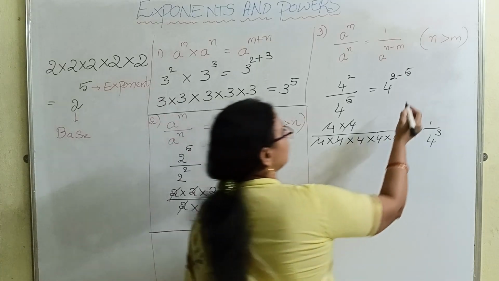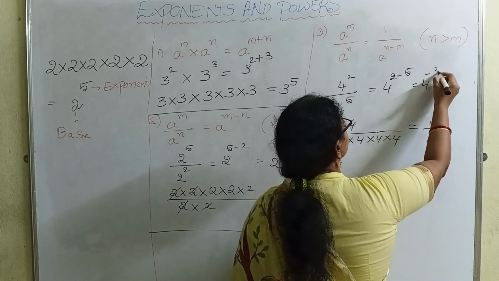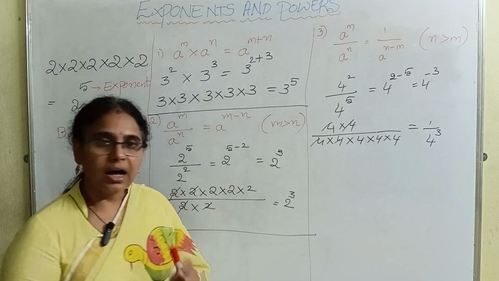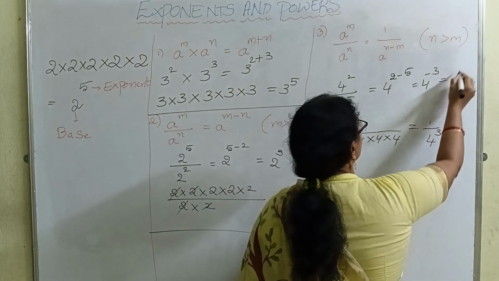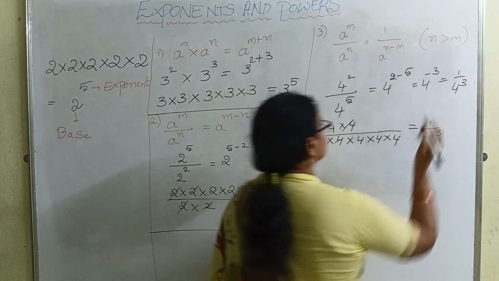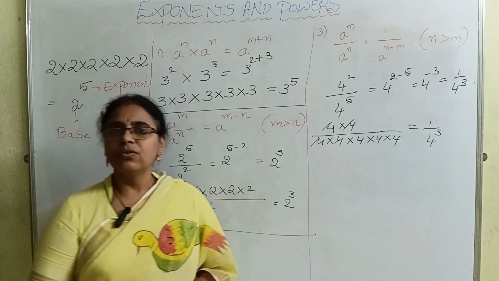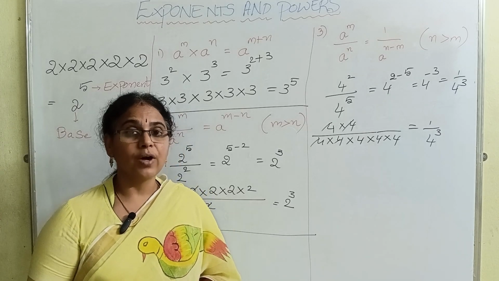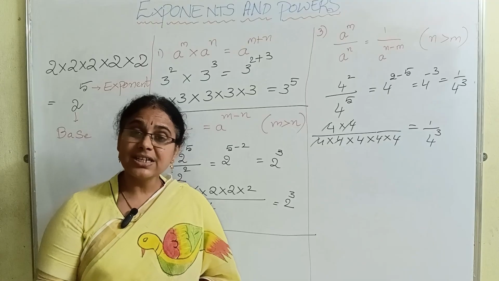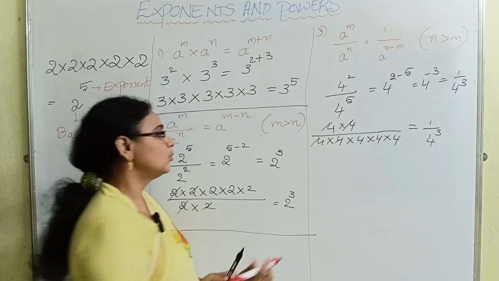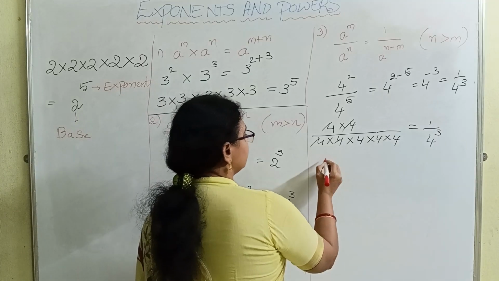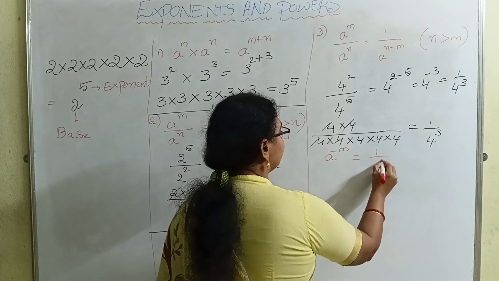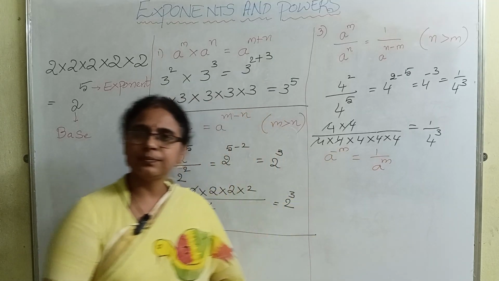So 4 to the power of minus 3, or 1 by 4 cube. Here maybe you understand one more formula: if you have a negative exponent, a power minus m, we can write it as 1 by a power m.